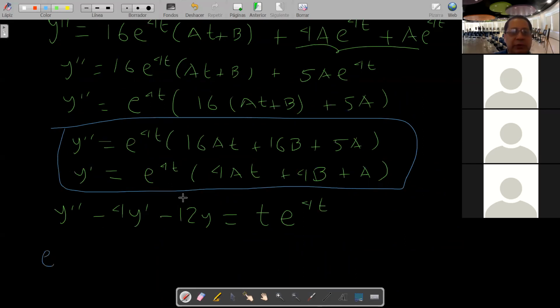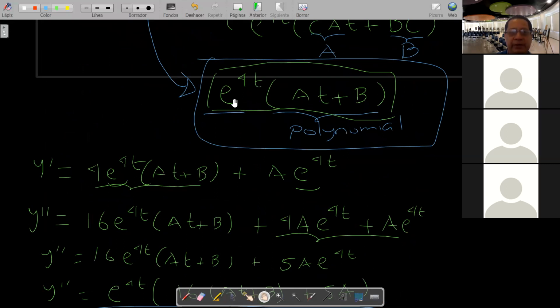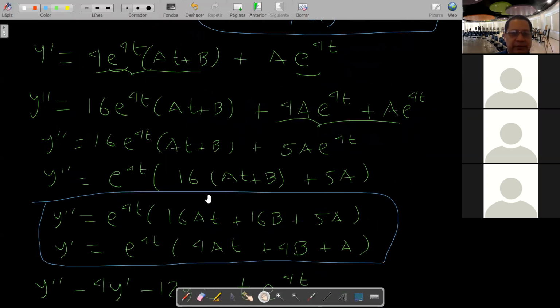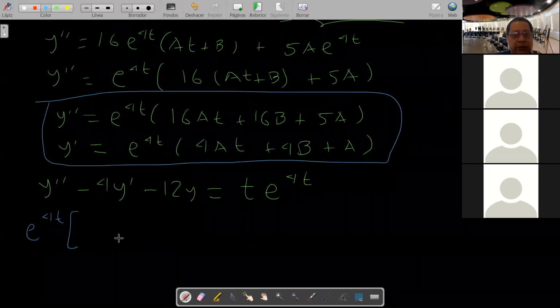Since we have the exponential term in the expression for our y, this is our guess, and we have the exponential in all three of them, so we can factor out the exponential.